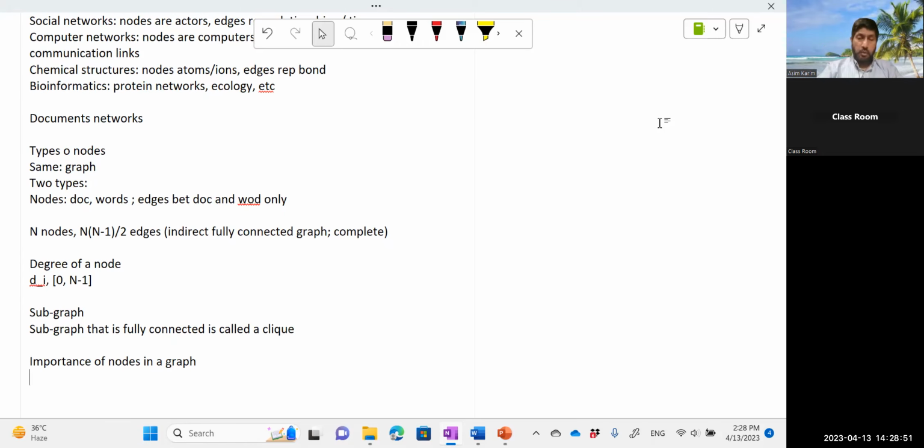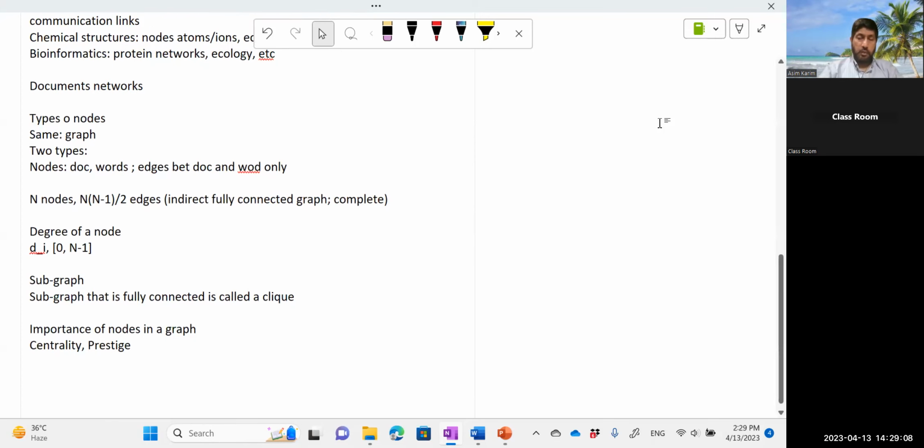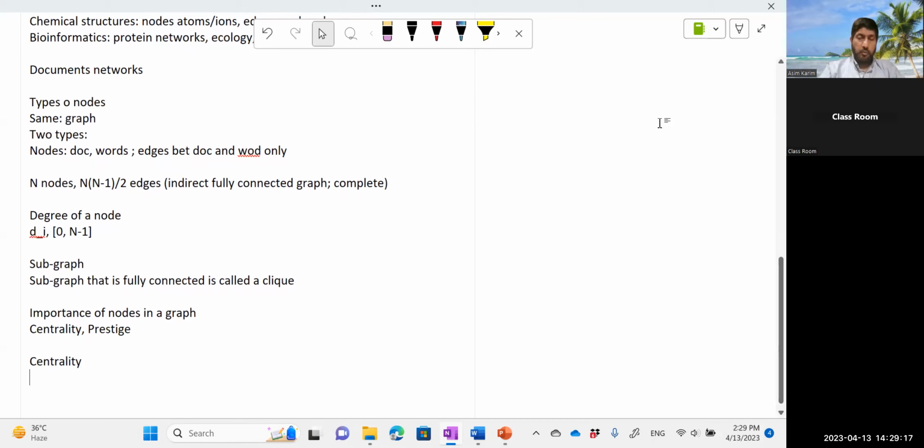There are two broad concepts for importance. One is called centrality, and the other is called prestige. These are two broad concepts for quantifying the importance of a node. Let's start with centrality. Centrality quantifies how central a node is in the graph.